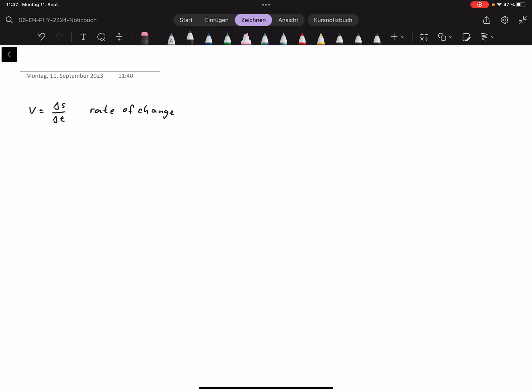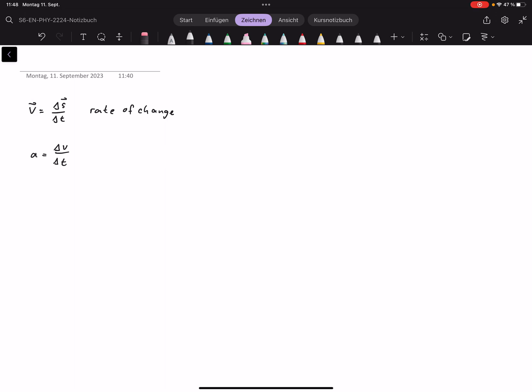And we already know that this can be seen as a vector quantity. So now we look at the acceleration, and this is the change of velocity in a certain time.